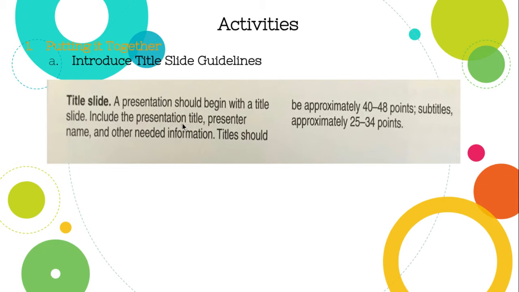Now, title slide, presentation should begin with a title slide, include the presentation title, the presenter name, and other needed information. Titles should be approximately 40 to 48 points, and subtitles approximately 25 to 34 points. So I don't expect that you remember the size of the title slide or the size of the title or size of subtitles. What I do expect for you to remember, however, is the title is larger than the subtitle.